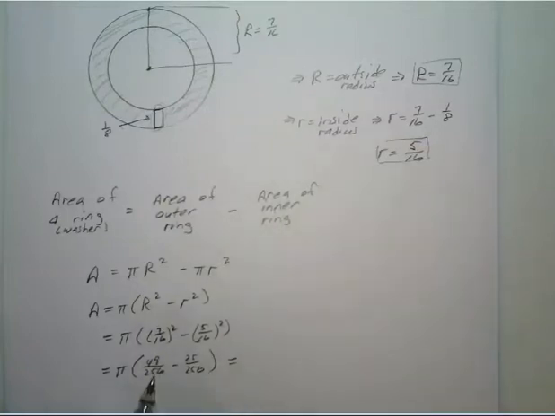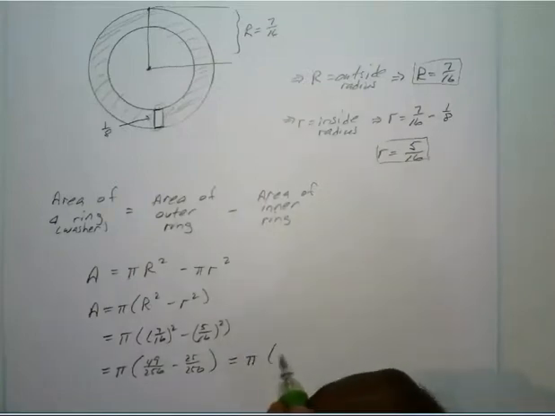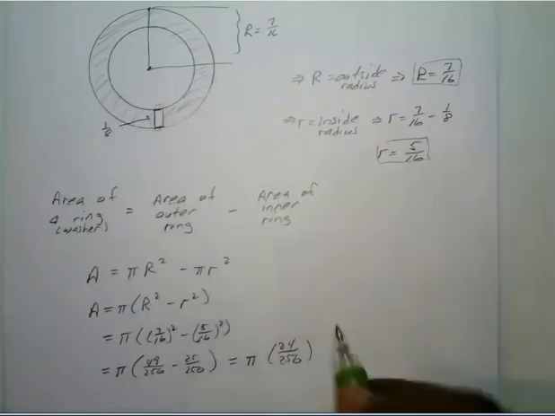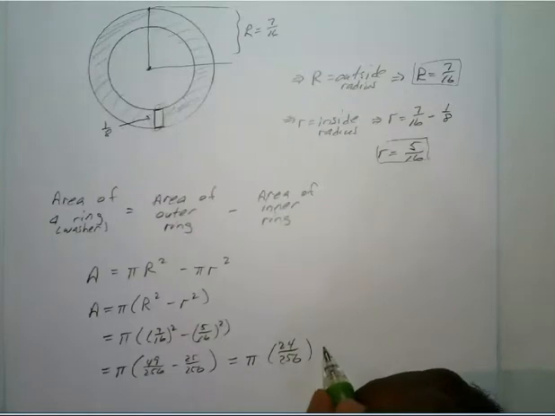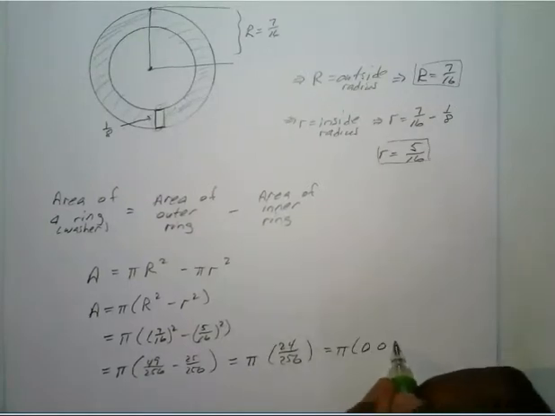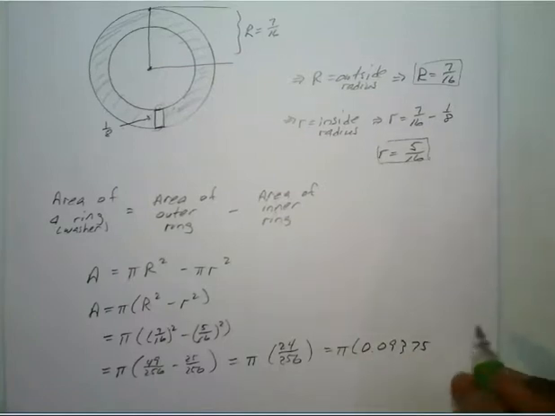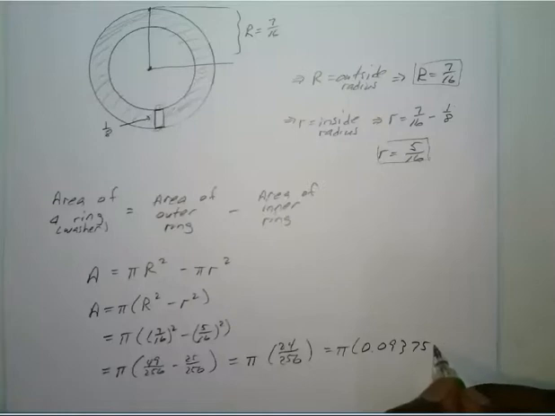So that's going to equal, since we have our like denominators, we go ahead and subtract. So that's pi times 24 over 256. So if we plug that into our calculator, 24 divided by 256, we get pi times 0.09375 square inches.